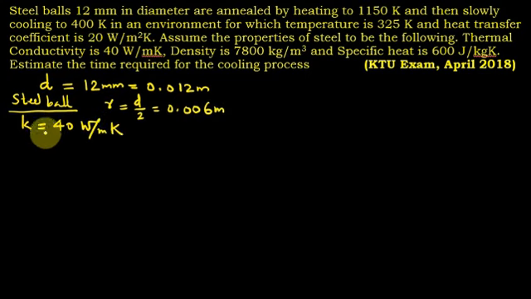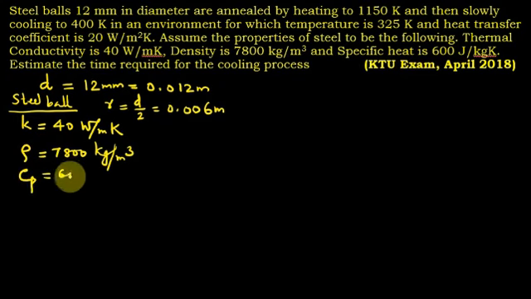Then density of the material, steel, you can take 7800 kilogram per meter cube, that is given. This is a direct substitution problem. Specific heat capacity of steel, Cp, is equal to 600 joule per kilogram Kelvin or kilogram degree Celsius. Both are the same, 600.